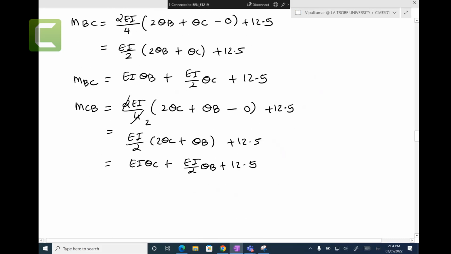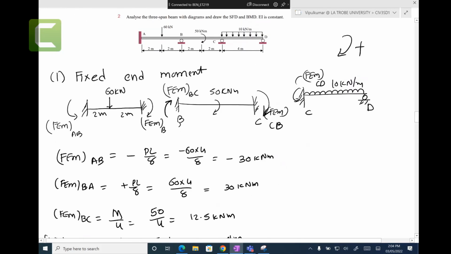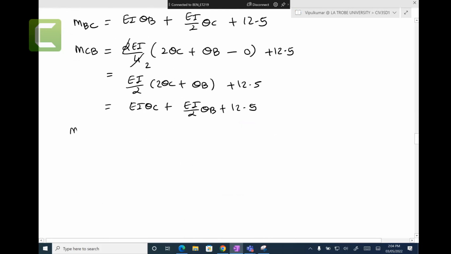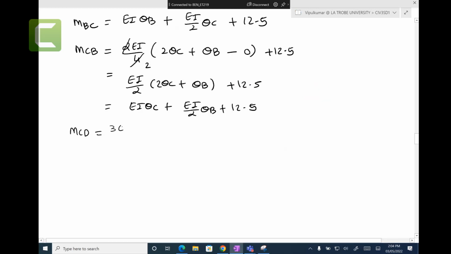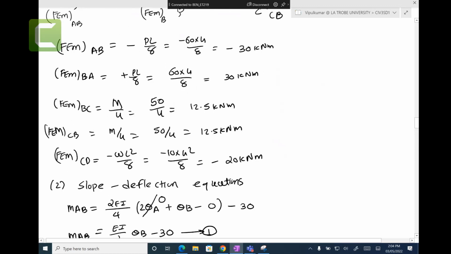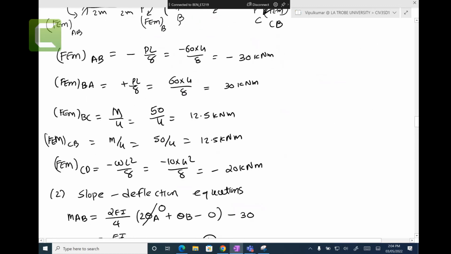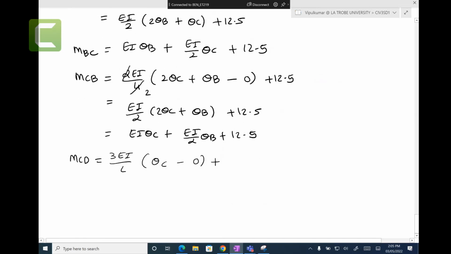So MCB is done, and the last one is MCD, but we need to use another equation for that. MCD equals, what was the other equation there? 3 EI on L theta C, minus 0, plus the fixed end moment CD, which is 20.